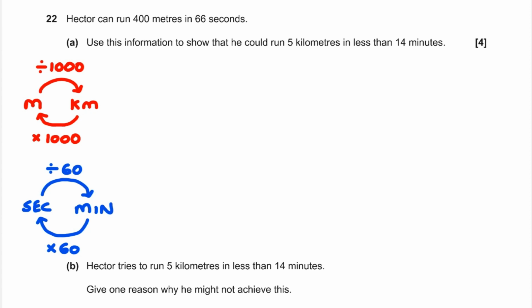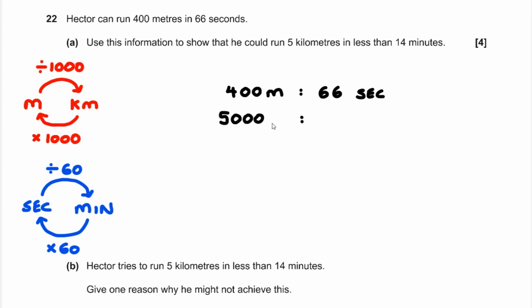So what we know in this question then is we have 400 metres, which is completed in 66 seconds. And what we need to do is find out how long it will take to run 5 kilometres. And if I multiply 5 kilometres by 1,000, I can convert that to metres.